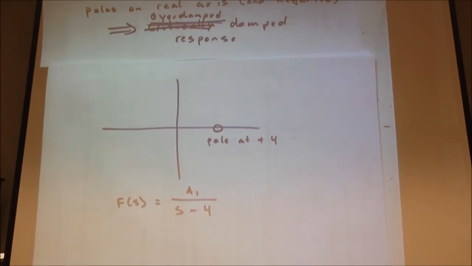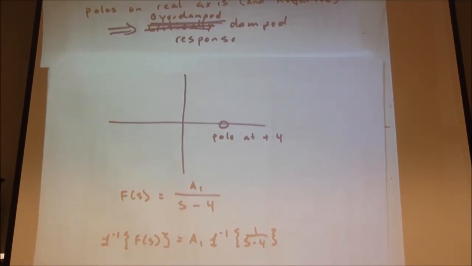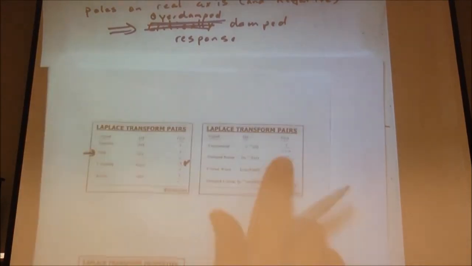So that's a pole at +4, that's the root of the denominator. Well, if we think about the inverse Laplace transform of f of s, that's just a1 times the inverse Laplace transform of 1 over s minus 4, and that's still in our Laplace table.